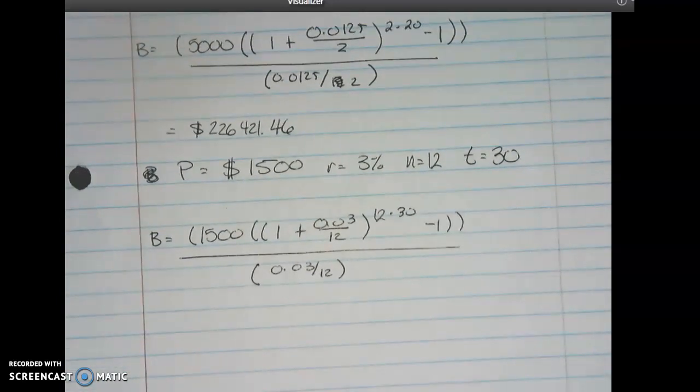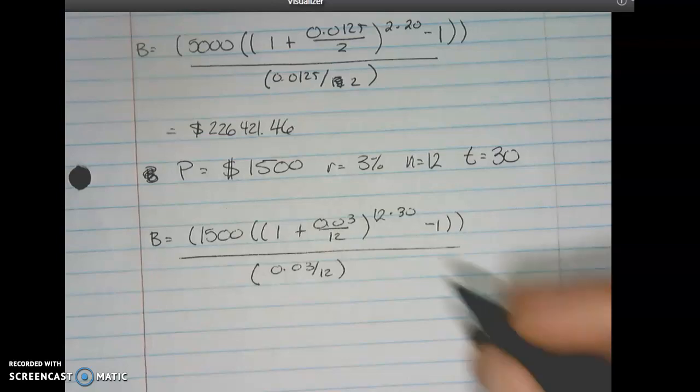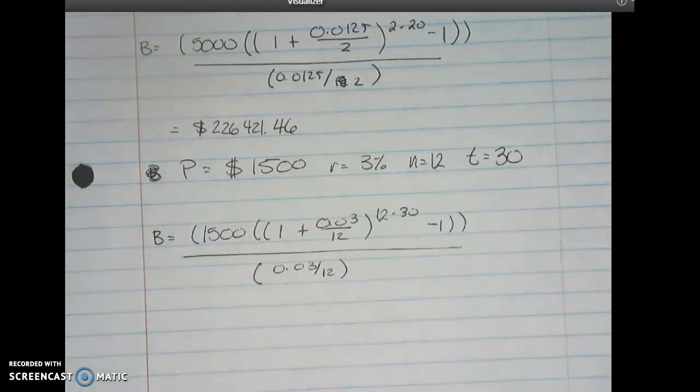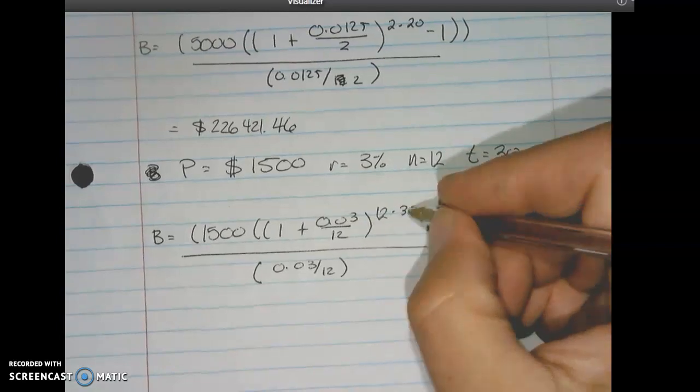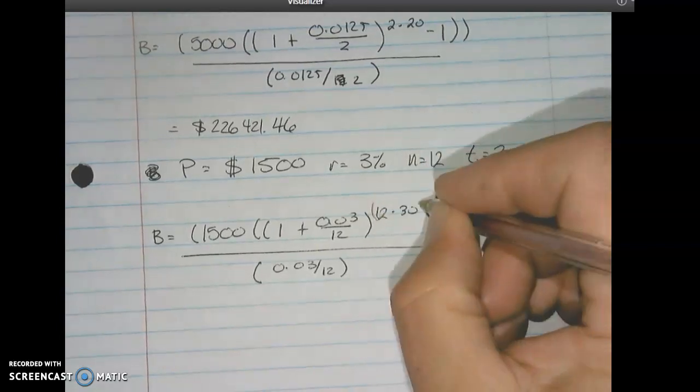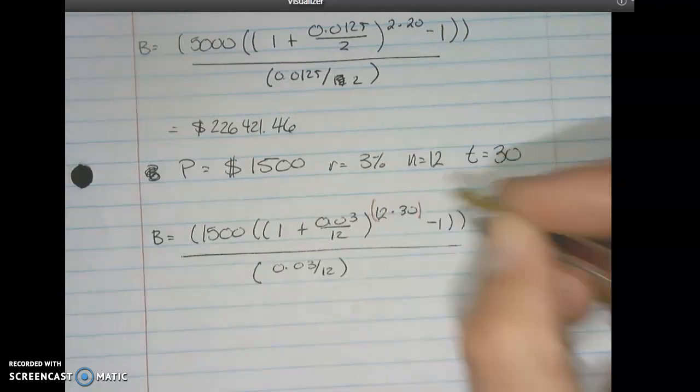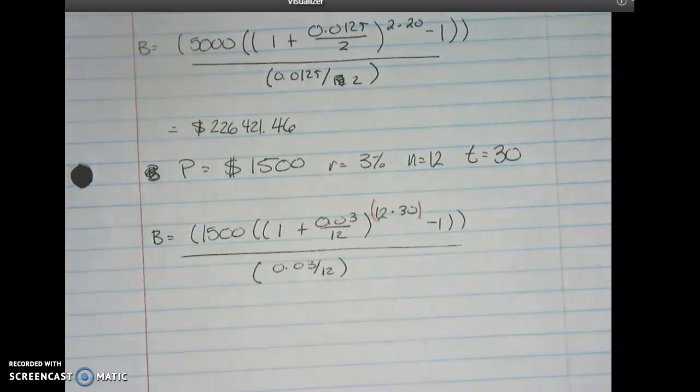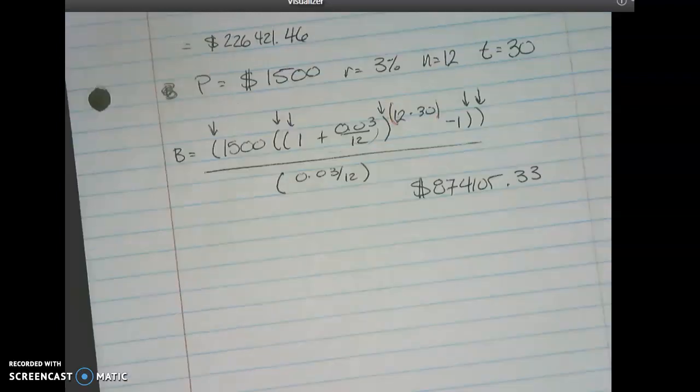Now, again, if your calculator doesn't raise it up to that power, make sure that you put parentheses around those powers. You just divide 0.03 by 12.